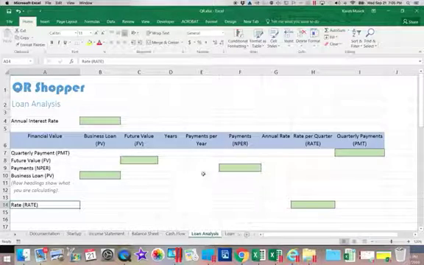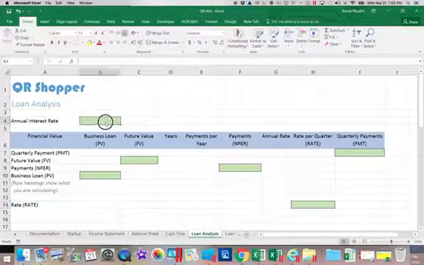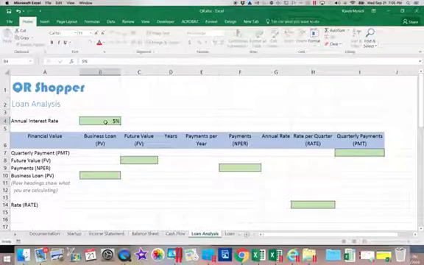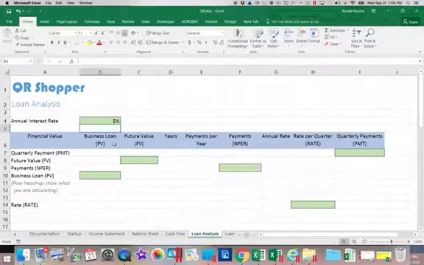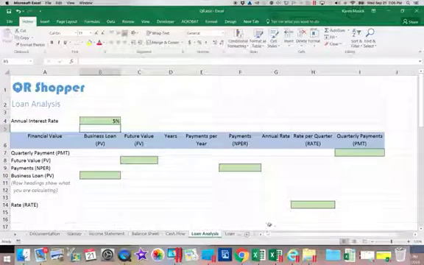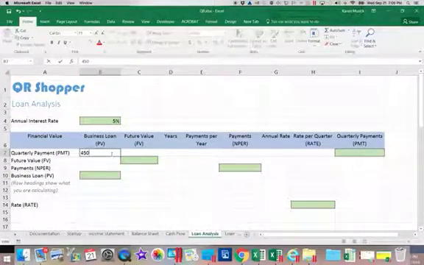green boxes. So we are going to start out by entering a 5%. That is our annual interest rate that we're working with. And we're trying to initially borrow $450,000.